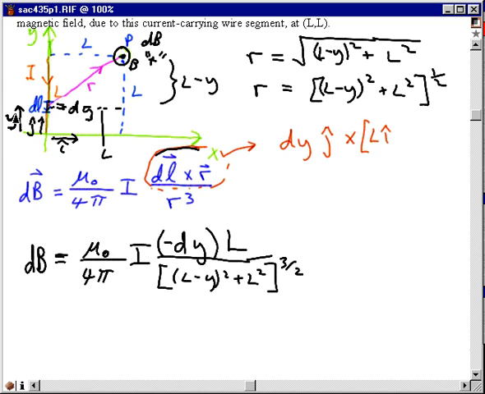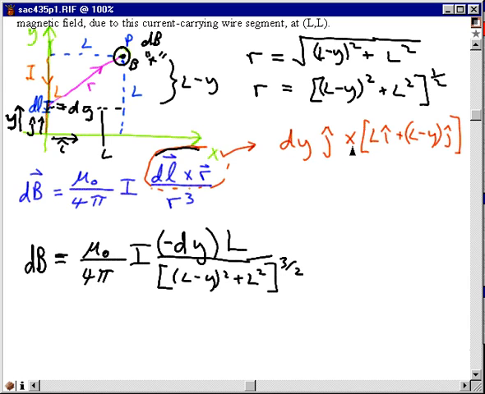Again, y represents that unspecified position. We don't have a value for it. It's just an algebraic symbol, so it's the unspecified position of the infinitesimal current element, or wire element, now under consideration. So I go plus L minus y. That's how far up I've got to go in the j direction.